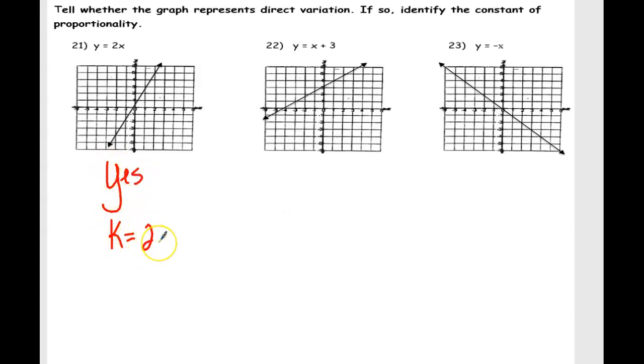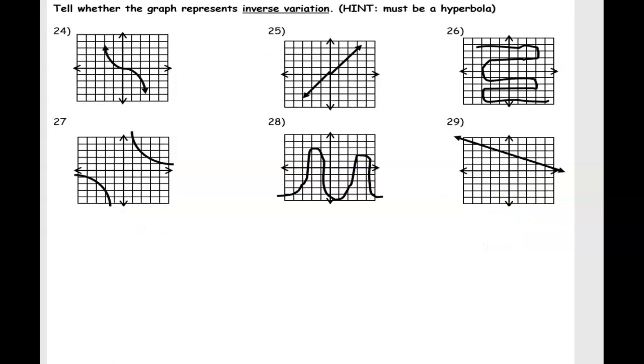K is 2. This one immediately we can see it doesn't go through the origin, so it's a no. This one goes through the origin, so it's a yes. And our constant is going to be our slope. We go down 1 and over 1, so that's going to be a -1. So it's pretty easy to see if it's a direct variation. It just needs to go through the origin, and then you figure out the slope.